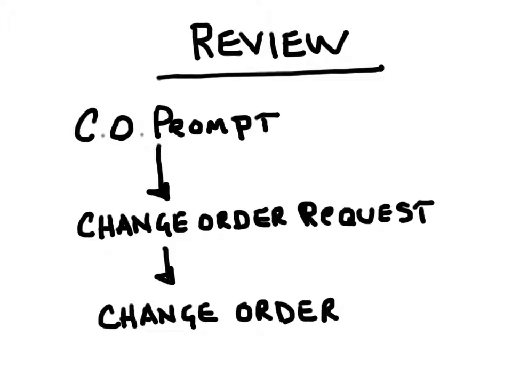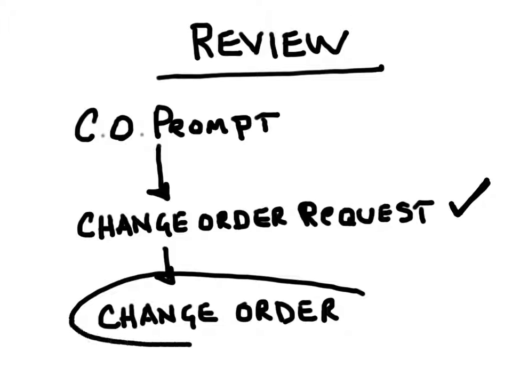If he determines that there has been a change, then the contractor will price the work and issue it in the form of a change order request to the owner or to the architect, whoever the appropriate party is. If the change order request is approved, then a formal change order will be issued, thereby incorporating the changed work into the agreement between the owner and the contractor.